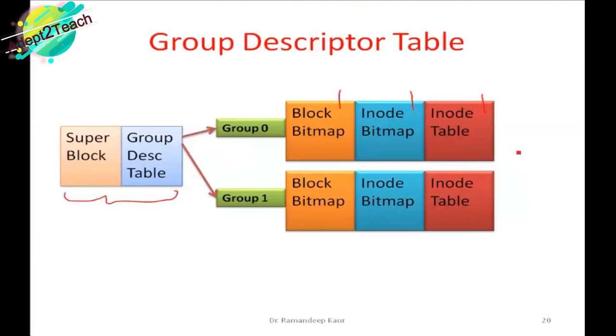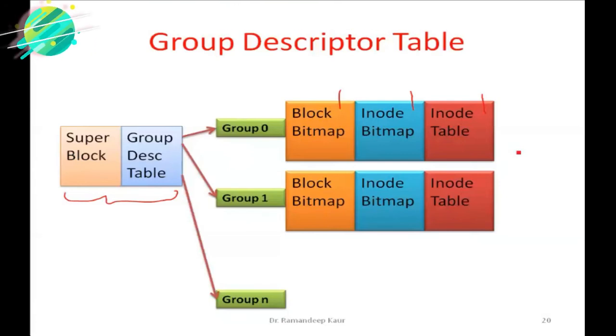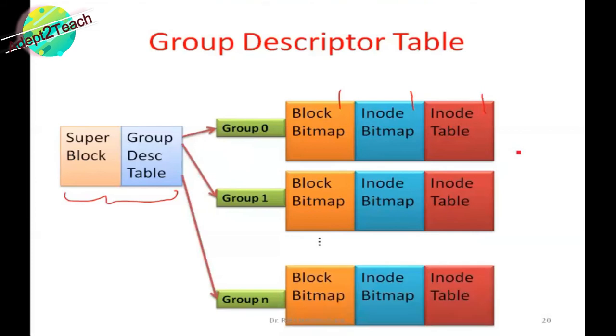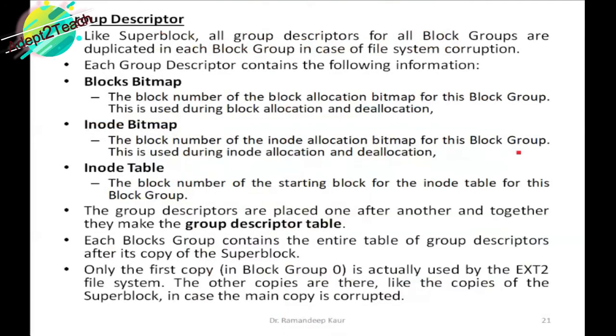So again in group number 1, the next index is 001, group number 1. Then again the information of block bitmap of group 1, inode bitmap of group 1 and inode table of group 1. Likewise, whatever the number of block groups, all the information is stored in this group block descriptor.